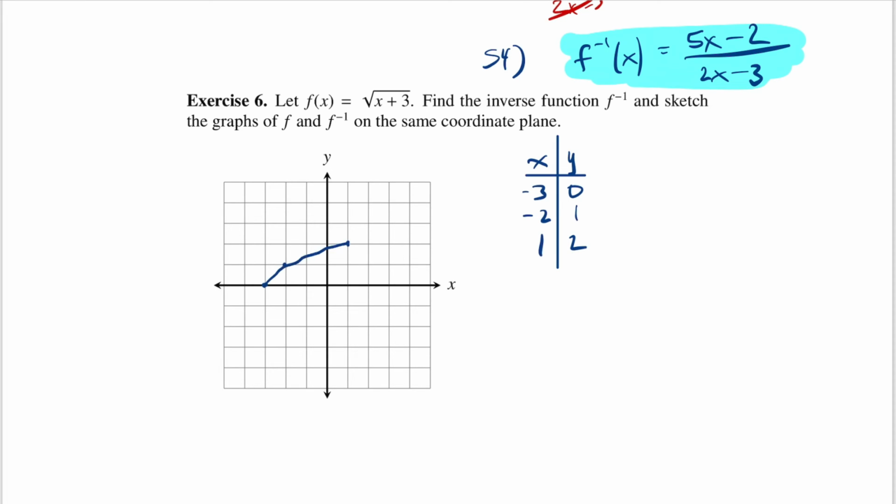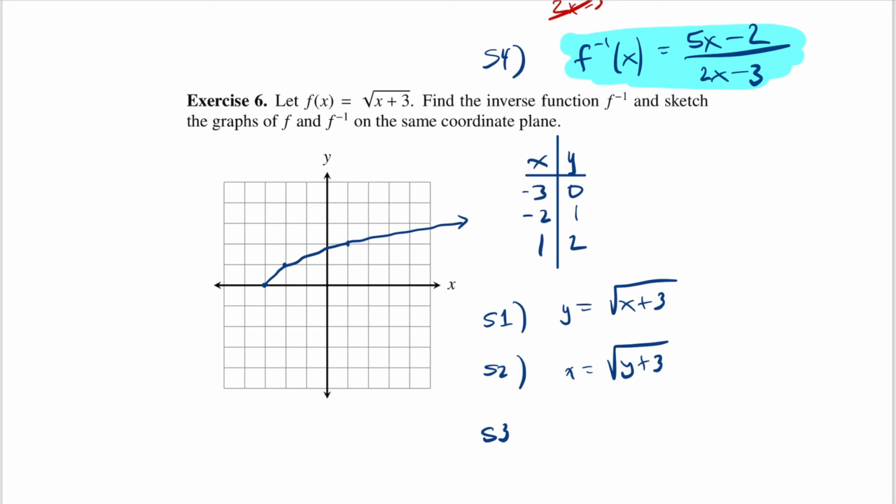All right, now we need to find the inverse. So let's go through the 4-step process. Step 1 is to change f of x to y. Step 2 is to interchange x and y. Step 3 is to solve for y. So I'm going to square both sides in order to get rid of the square root.